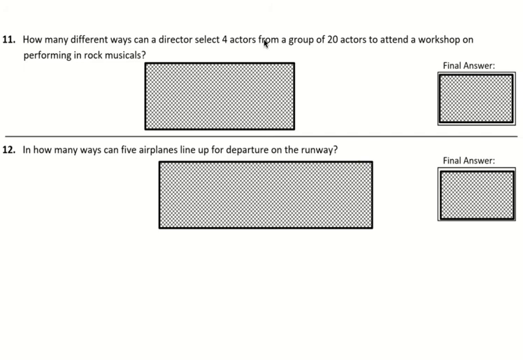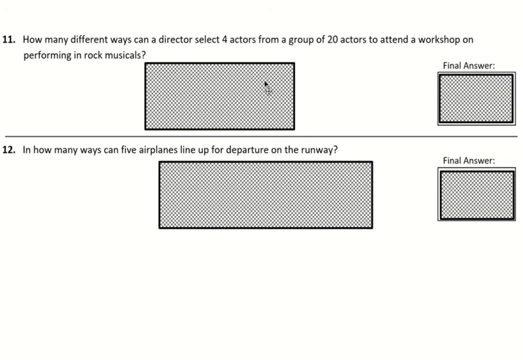Anyway, so this is like saying from one group of 20, how many ways can I make a group of 4? So it's one of the formulas, right? But is it a combination or a permutation? Does order matter? Right? I mean, could we put the same 4 actors in a group together more than once, just by rearranging them around?